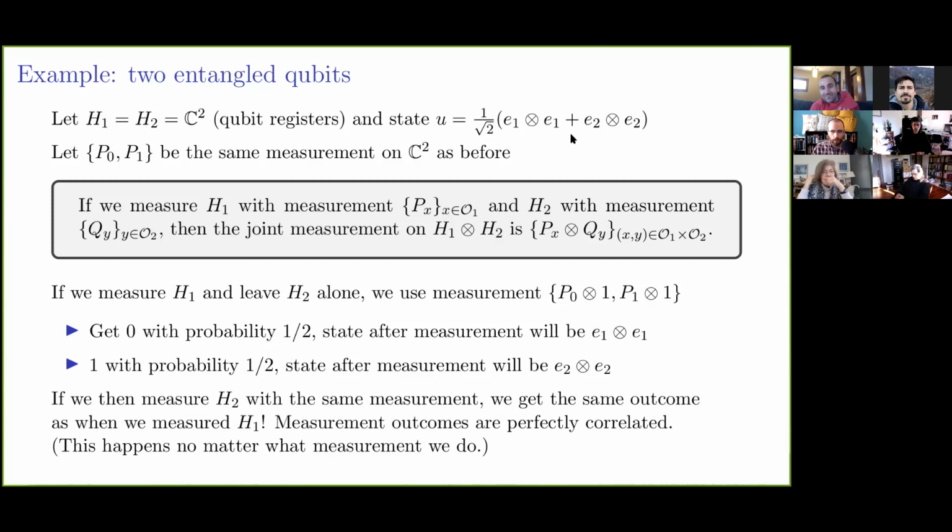If we use this state and we measure in a different basis, we will still get the measurement outcomes to be perfectly correlated, and so it happens no matter what measurement we do. And if you think about what that means, that happens even though the state of the system is established before we actually pick what measurement we're going to do.